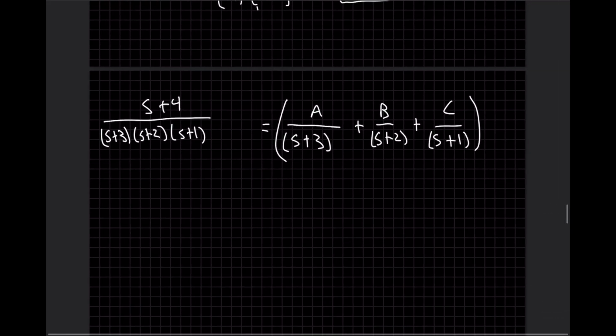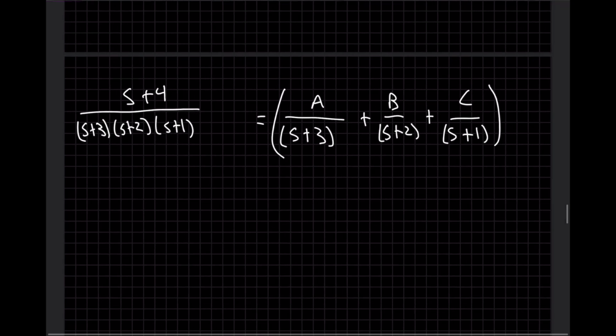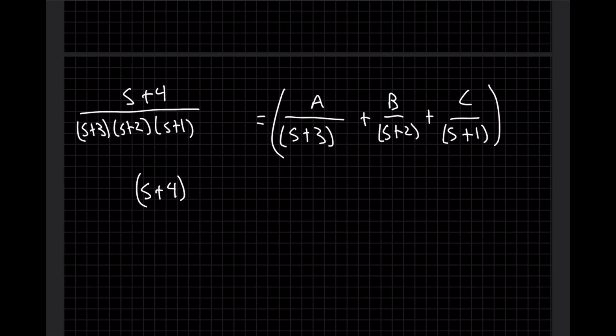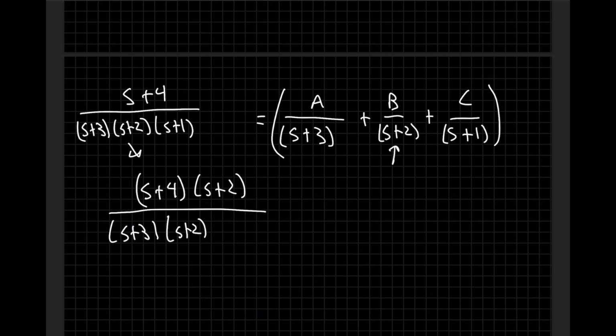The shorthand way of doing this is doing s plus 4 over the whole denominator, s plus 3 multiplied by s plus 2 multiplied by s plus 1, without the factor of the coefficient you're trying to find, s plus 2. We know A and C are going to go to 0, so this is just equal to B. We're multiplying both sides by this, so those cancel, and that's equal to B.